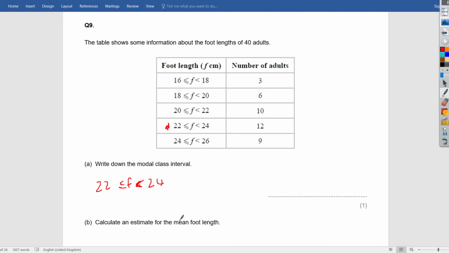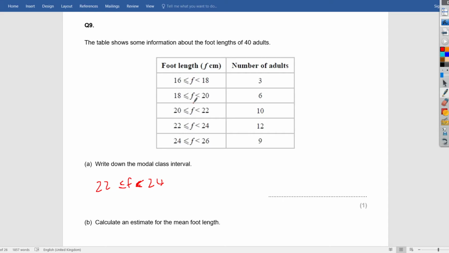Okay, estimate the mean foot length. So when we're doing an estimate for the mean foot length, first of all we need to get an average of what is the foot for the adults over here. Now because we've got an interval here, we need to take the midpoint, which is in the middle.